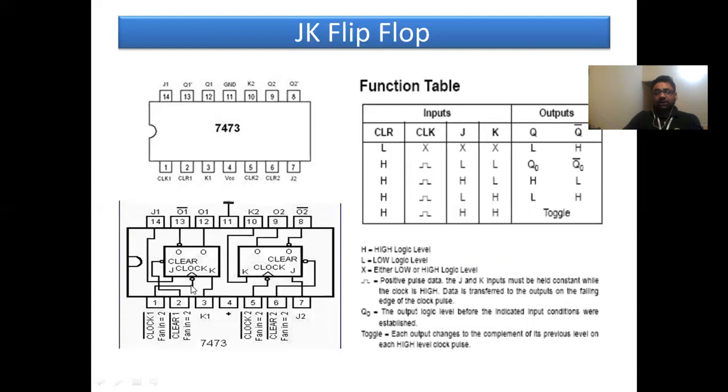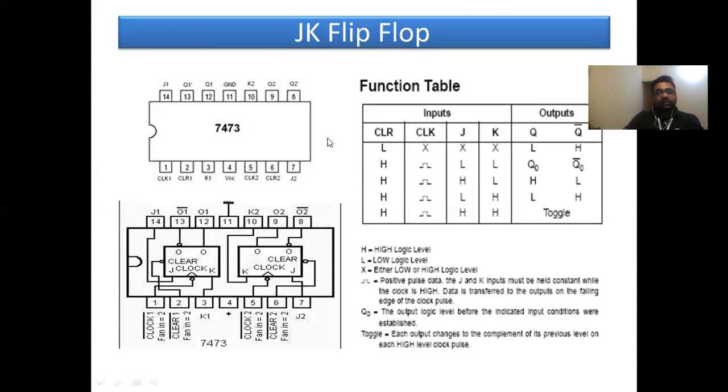J1 K1 and subsequent outputs will be Q1 and Q1 bar, and the second flip-flop will be J2 K2, and the subsequent outputs will be Q2 and Q2 bar. Everybody is familiar with the flip-flop, and Q is the output and Q bar is the complemented output of the same. As you can see on the screen, this is a 14-pin IC.